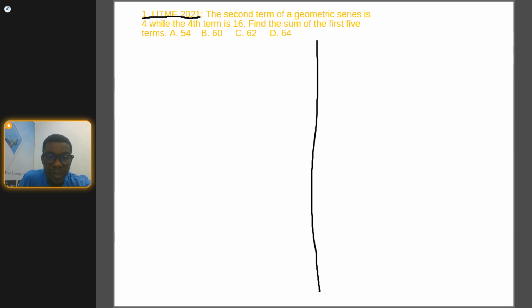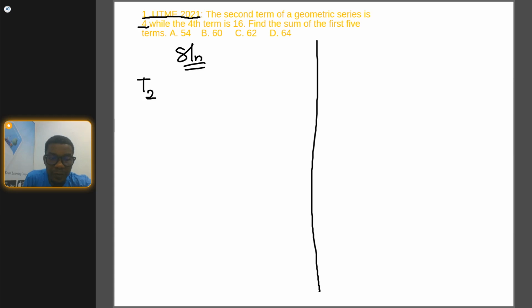The question says that the second term of a geometric series is 4. T1 represents the first term, so T2 will be the second term.